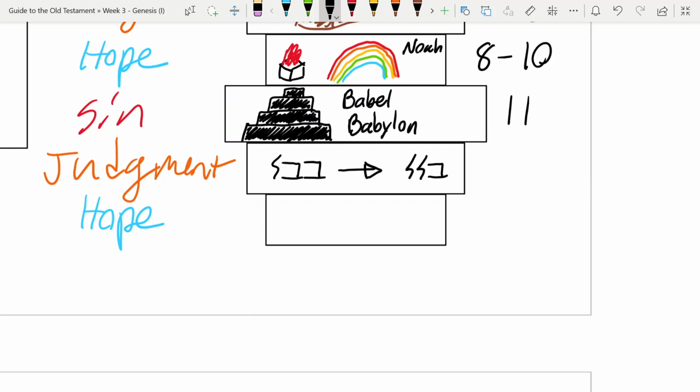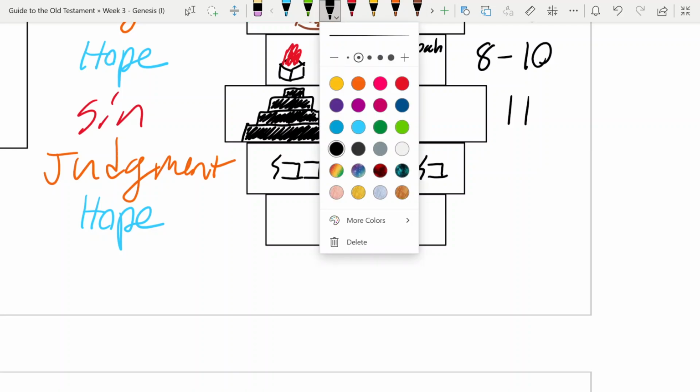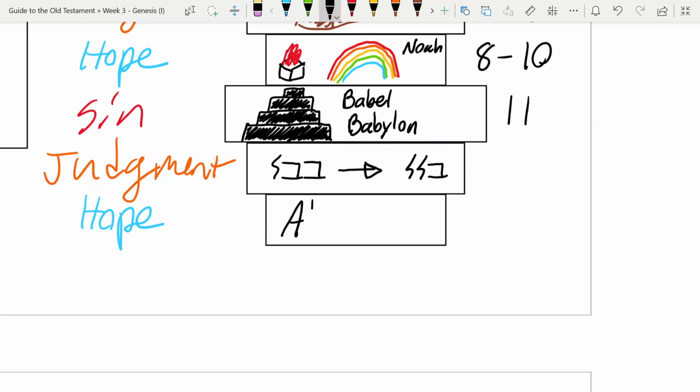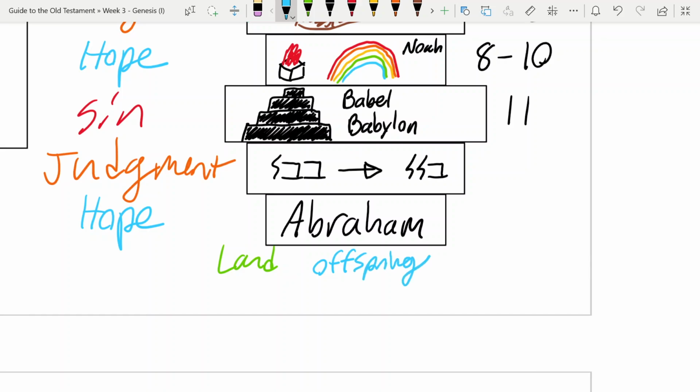And as a result of this, all these nations are scattered throughout the earth, all these peoples, all these new families. And the response to that, the hope that we see then, as we talked about last week, is the covenant with Abraham, or Abram. The promise by God to give him land and offspring and blessing.